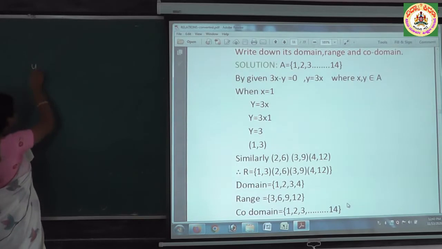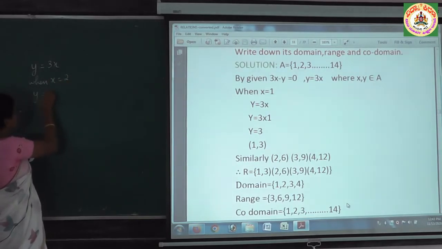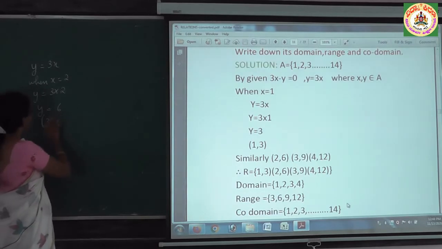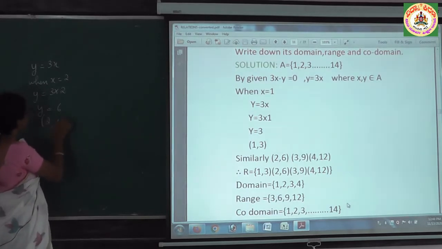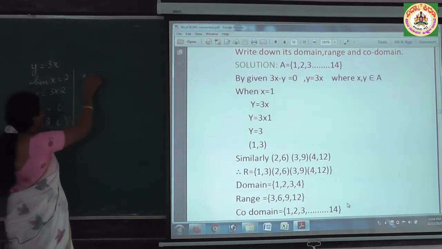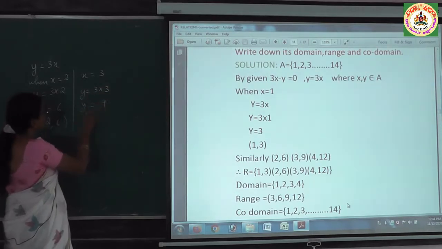We have y is equal to 3x. When x is equal to 2, we get y is equal to 3 into 2, y is equal to 6. The ordered pair is 2, 6. x is equal to 3, y is equal to 3 into 3, y is equal to 9.